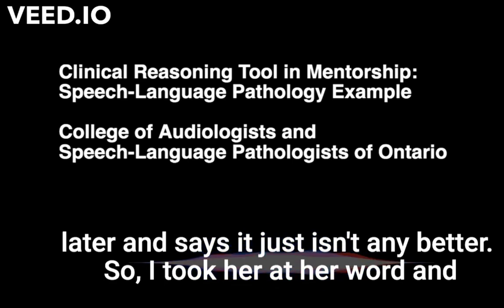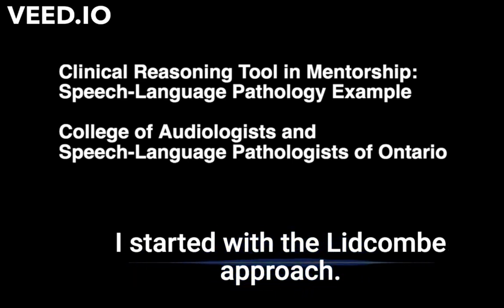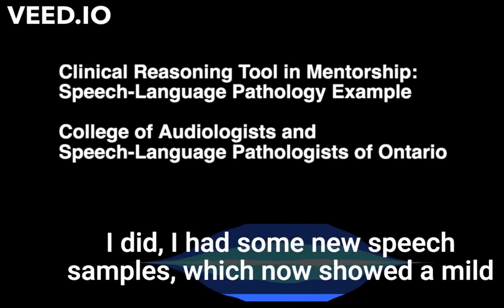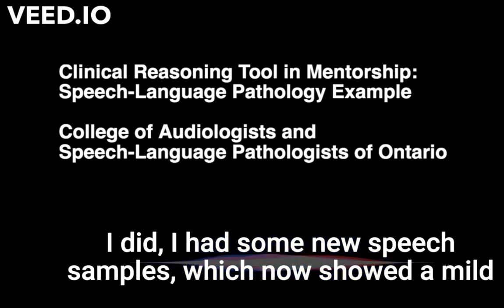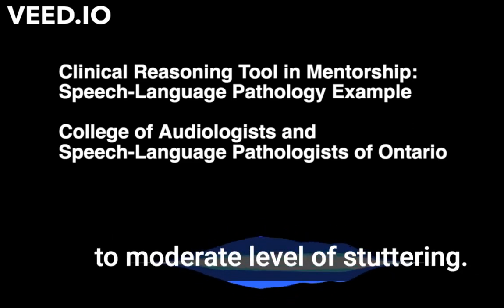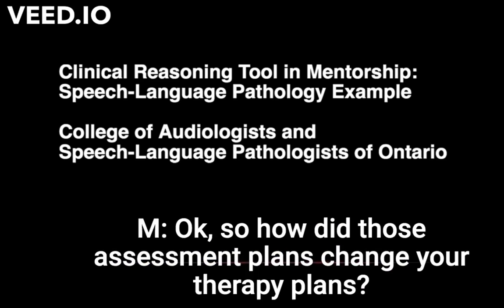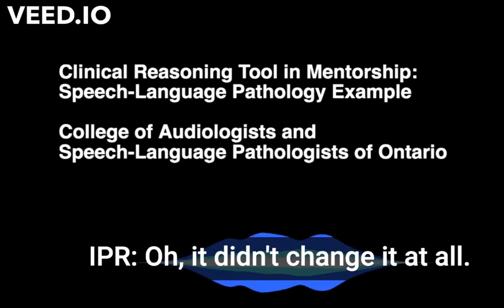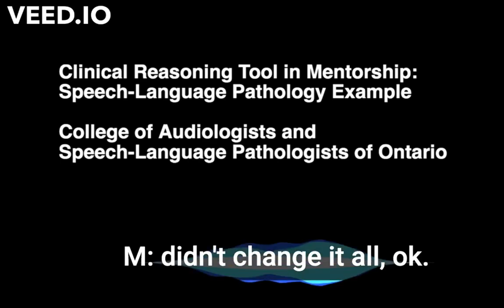So I took her at her word, and I started with the Lidcombe approach. I had some new speech samples, which now showed a mild to moderate level of stuttering. Mm-hmm. Okay, so how did those assessment plans change your therapy plans? Oh, didn't change it at all.